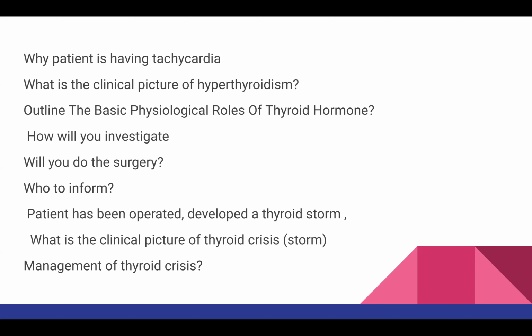The next immediate line of management is giving IV propranolol to manage the tachycardia, and also start the patient on thionamides, like methimazole or carbimazole. Then we can also give steroids if needed.